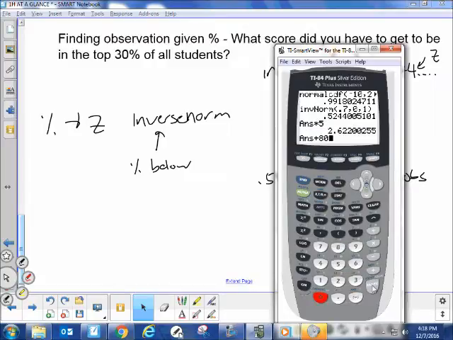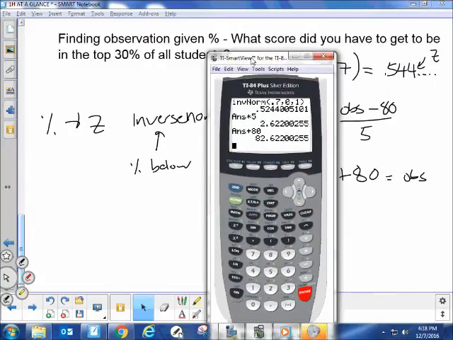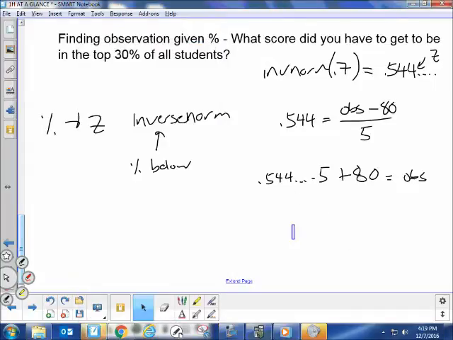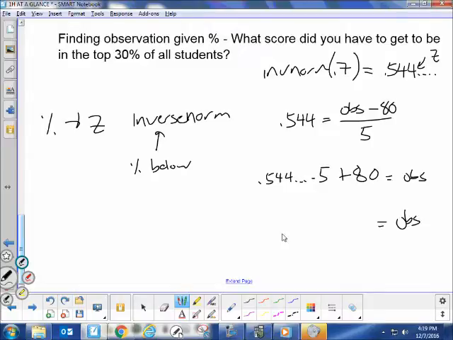Add 80, and turns out all I needed to get is an 82.62, and I'll be in the top 30%, or higher than an 82.62. Okay, so that's the score I could get, and I'm in the top 30% of all students.